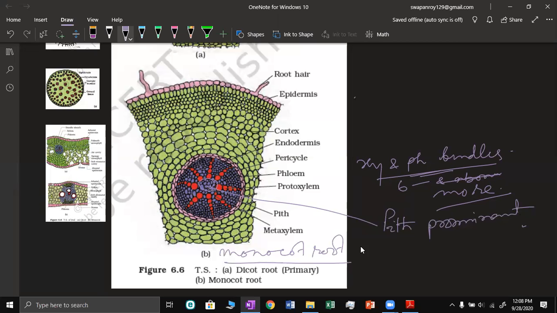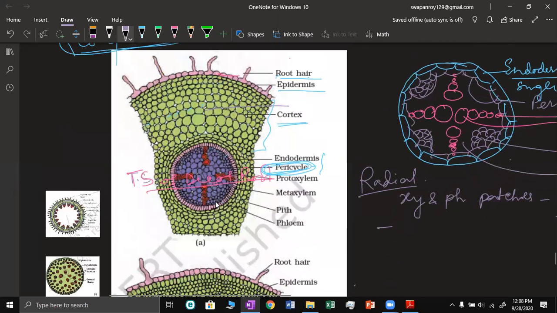I told that the drawing is not proper here. Here I have shown that the pith, that is the tissue in between the xylem vascular bundles, is very less. So here the pith is small or absent.